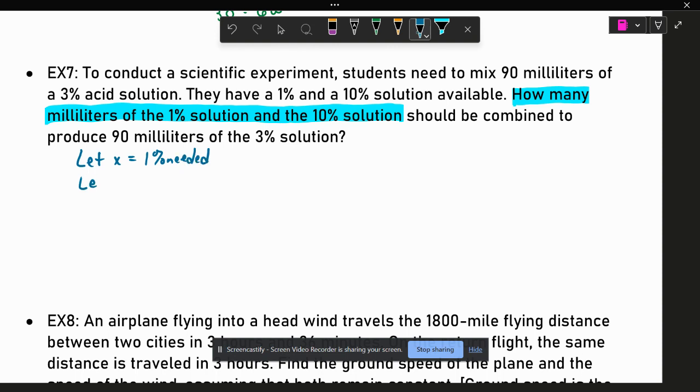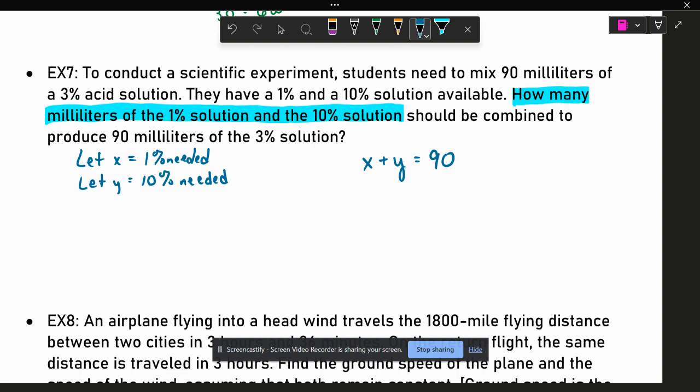And I'm going to let Y equal the 10% that's needed of my solution, just that I need to mix in order to get that 3%. So what it tells us is that we have a 1% solution and we have a 10% solution. In total, we need 90 milliliters of those.